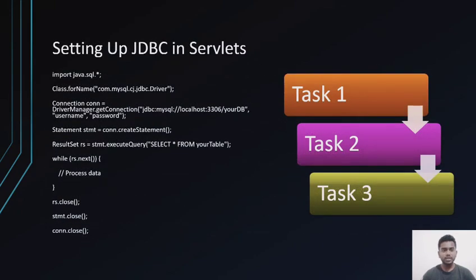So let us now understand setting up JDBC in servlets with the help of Java code. First, we import java.sql, and then Class.forName with com.mysql.cj.jdbc.Driver as the link. The next step is to connect to the server, for which we use Connection conn = DriverManager.getConnection, and we give the link, and after that our username and then the password to establish the connection.